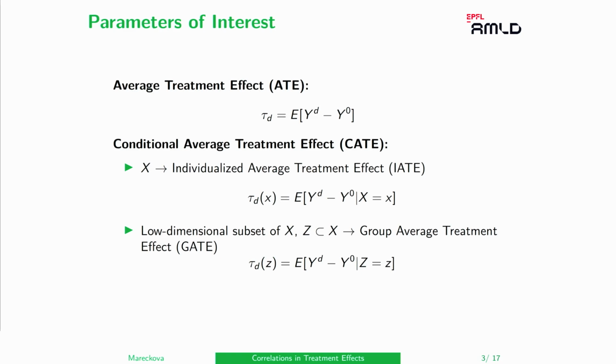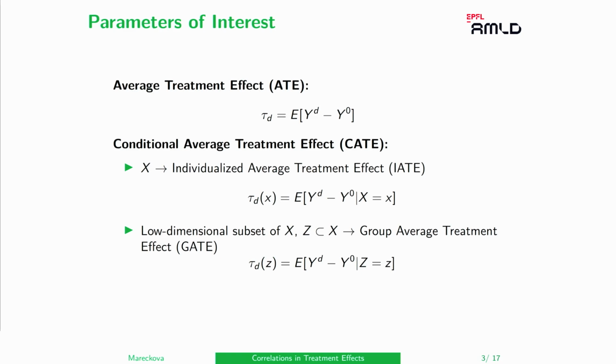So now we can replace X by a low-dimensional subset of these X features, which here is called Z. And then looking at some particular group, like let's say either male or female, we can have a look at what we expect the difference between these two potential outcomes to be on a group level.